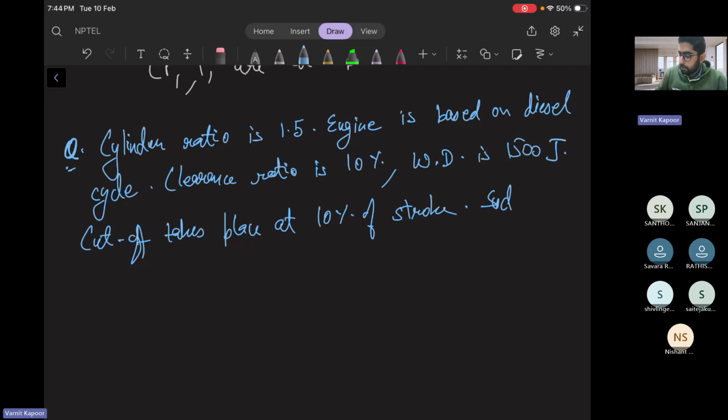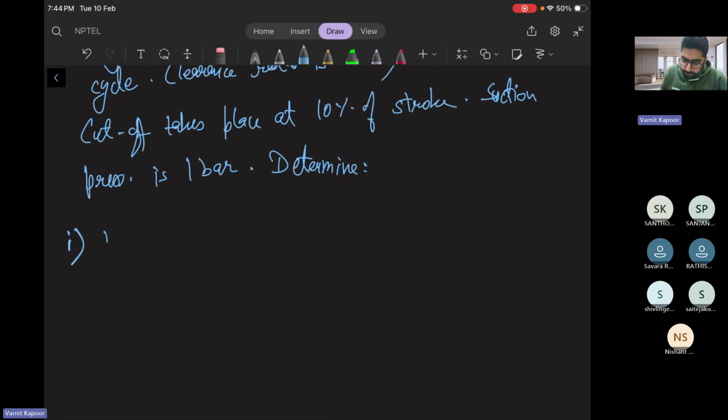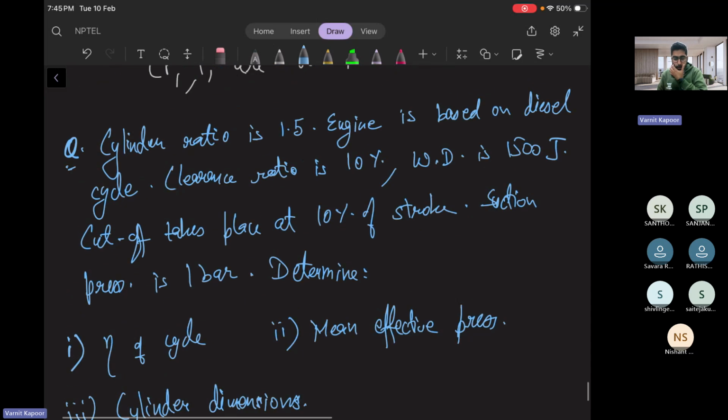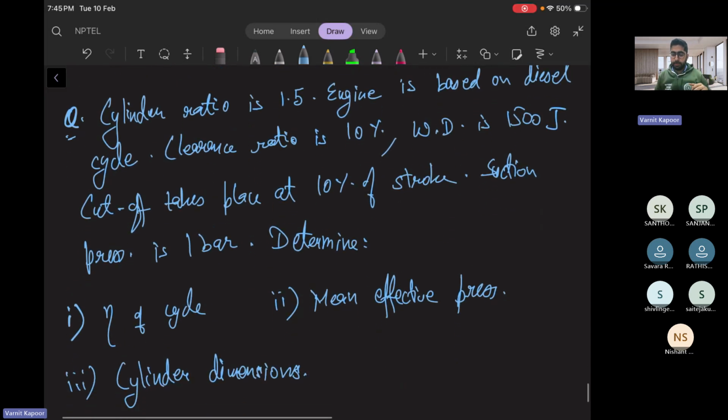Suction pressure is 1 bar. You have to determine first, efficiency of cycle. Second, mean effective pressure. Third, cylinder dimensions. Okay, please do it. Take 5 minutes and do it.